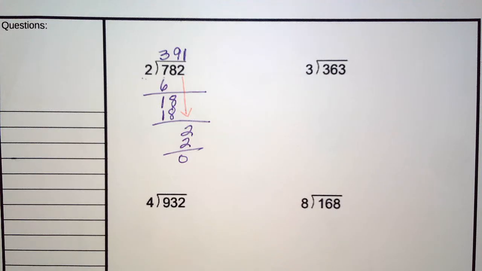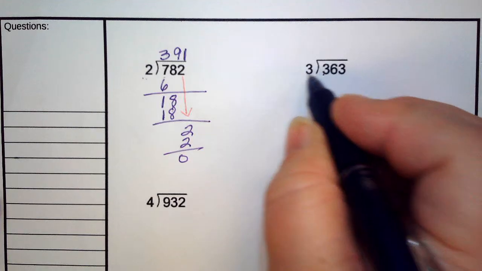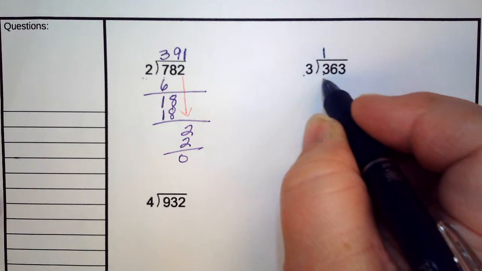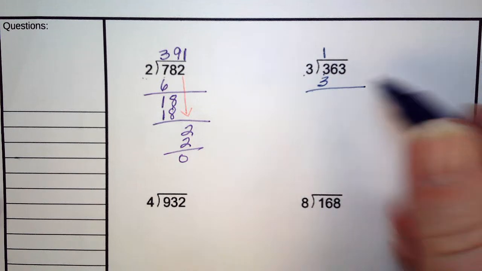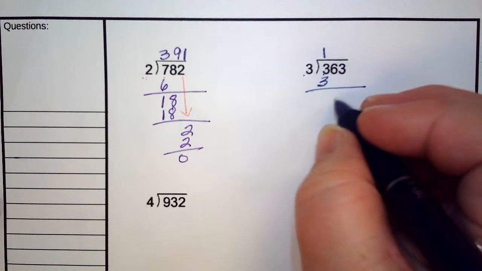So let's look at the next one. We've got 363 divided by 3. 3 divided by 3 is 1. 1 times 3 is 3. Subtract. 3 minus 3 is 0. Bring down the 6.